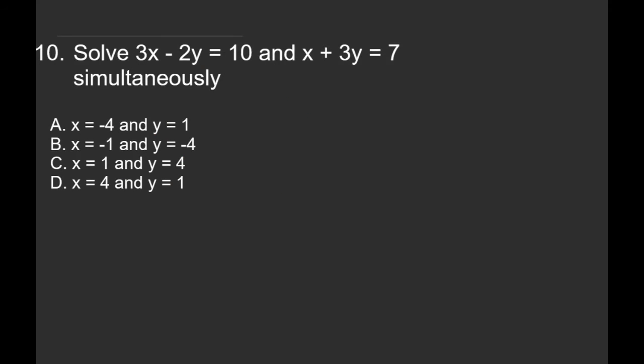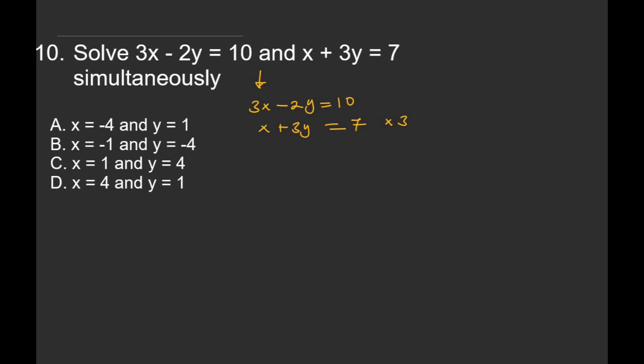Question 10, we have the simultaneous equations 3x minus 2y equal to 10 and x plus 3y equal to 7. Now, we are going to use the elimination method, and that would mean I will choose to eliminate x, because I can just multiply this equation by 3 and the two coefficients of x will be equal.